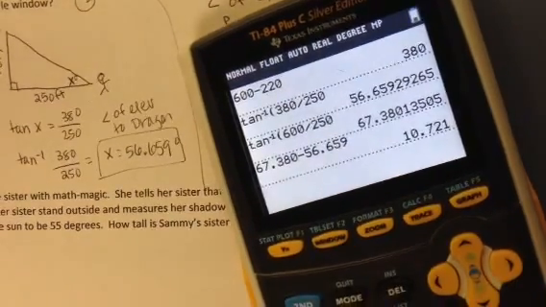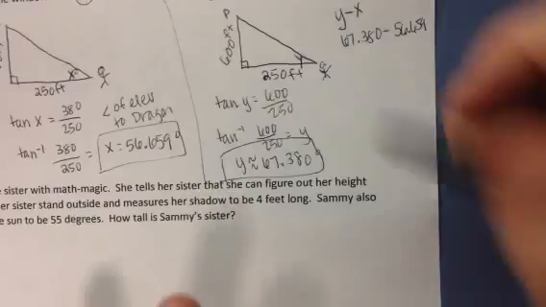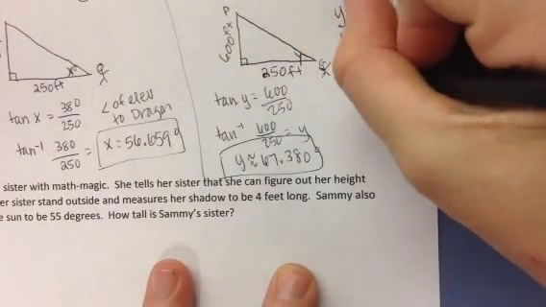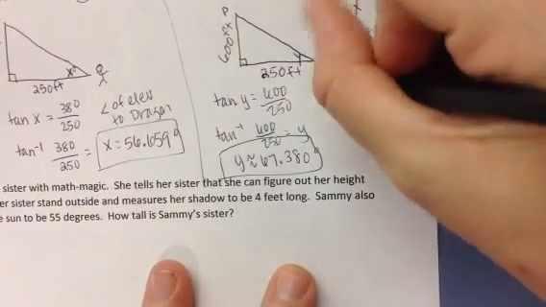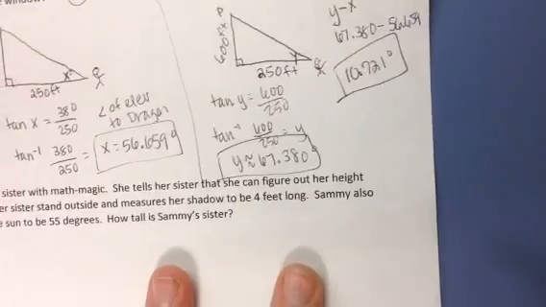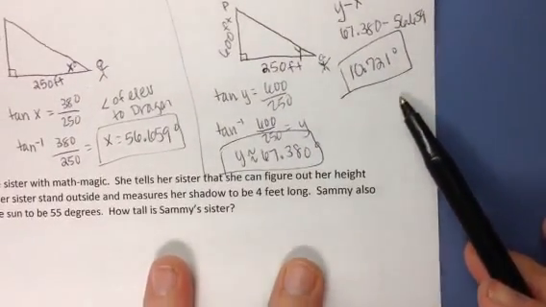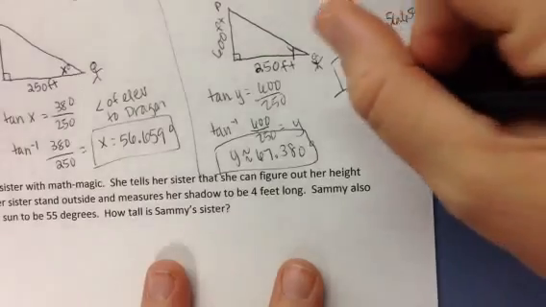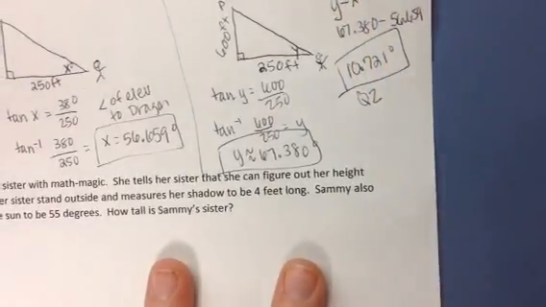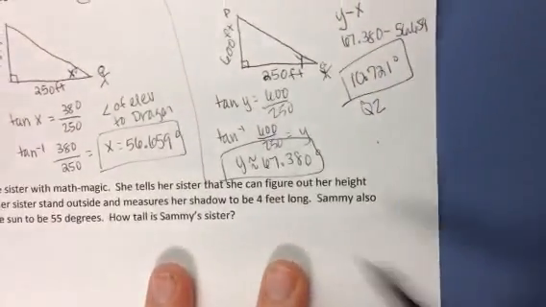We get approximately 10.721 degrees. So she has to look up about 10.7 degrees more when she's looking at the prince than at the dragon. And that is our final answer for question 2 of question 4.